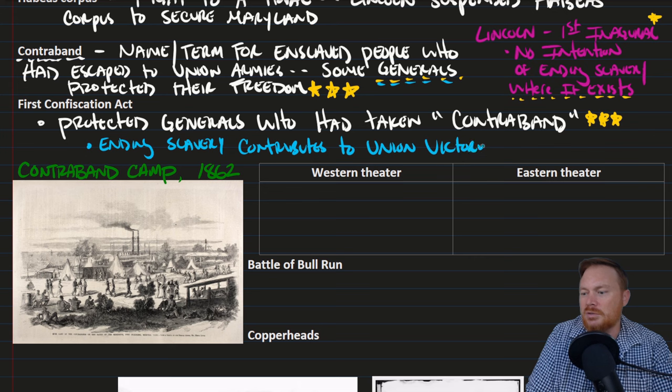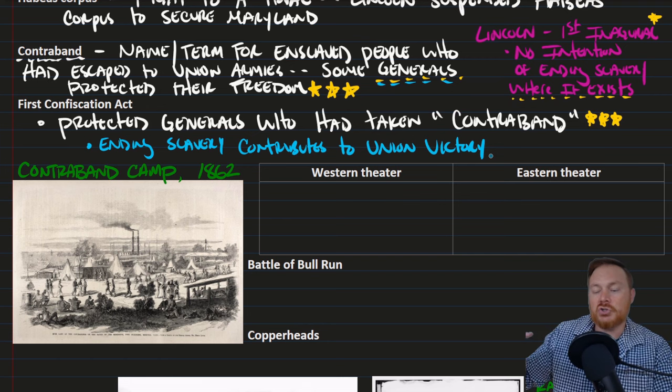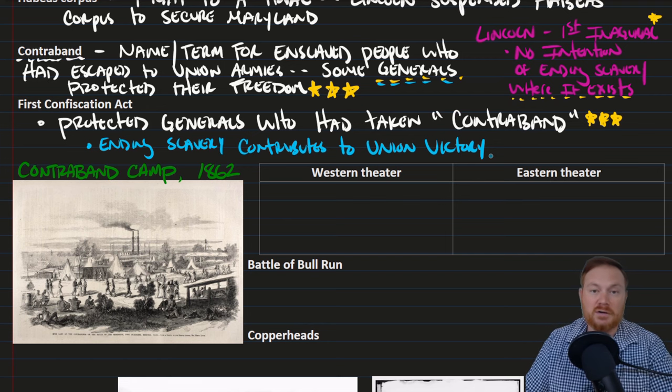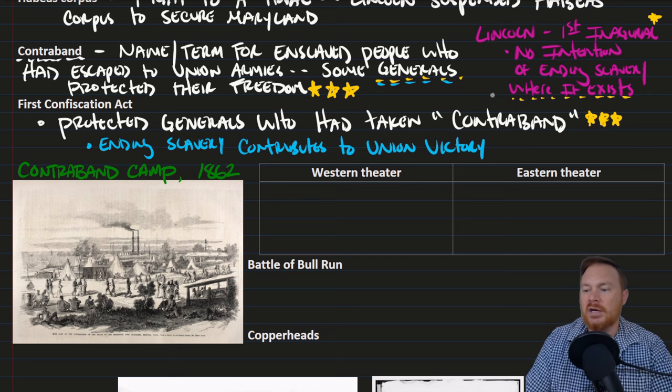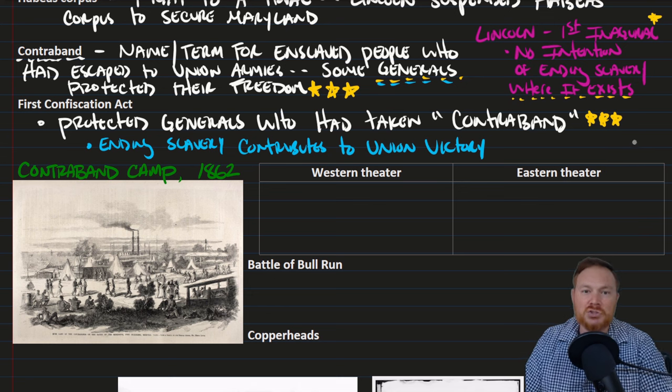If anything else, the abolition of slavery in the South could weaken the Southern war effort. And so as a pure tactic, as a pure part of military strategy, we in the North should be ending slavery because that's going to make the Confederacy weaker, and that is going to allow the Union to win. So this certainly has a role to play in terms of Lincoln's decision-making process when he eventually does come to the decision to issue his Emancipation Proclamation. Right? It's not yet, but it will come soon.